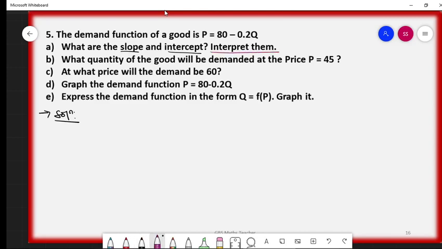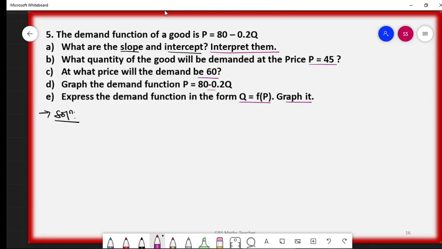Interpret them. What quantity of good will be demanded at price P equal to 45? At what price will the demand be 60? Graph the demand function and express the demand function in the form of Q equal to f(P) and graph it. So we have 5 questions.